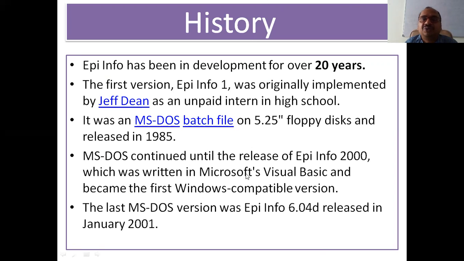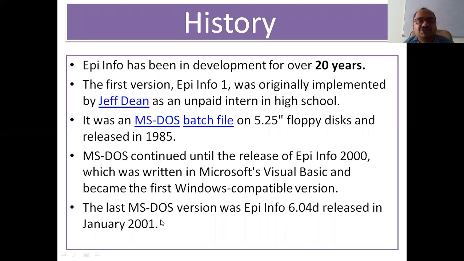MS-DOS continued until the release of Epi Info 2000. MS-DOS changed to Windows. That I have already shown in the table. In 2000, Windows came into the picture. See, the first Windows-compatible version was 2000. This is a turning point of Epi Info that you have to mention in the exam.